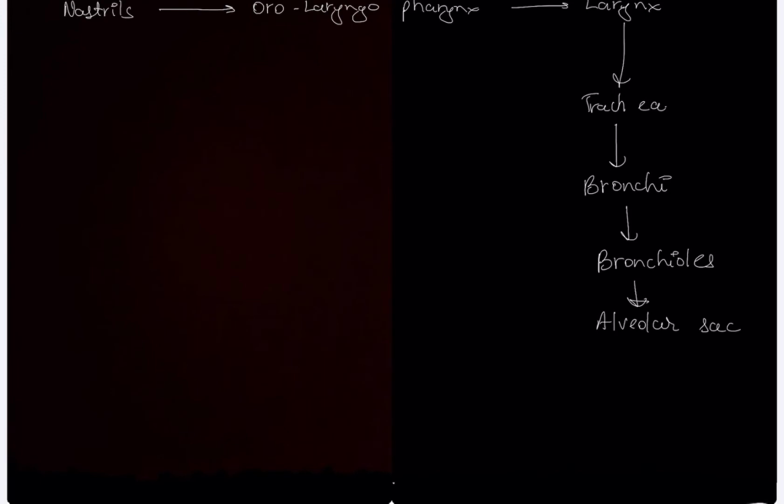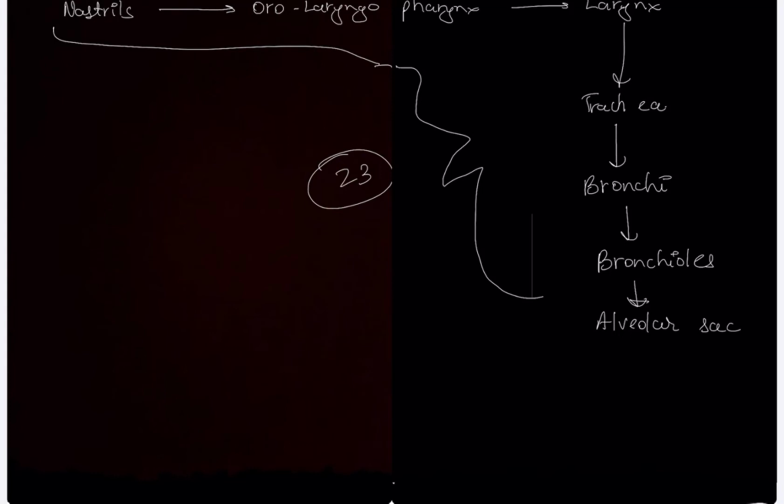Okay, how many divisions are there? From the nostrils to the alveolar sacs there are basically 23 divisions. From the nostril to the terminal bronchiole there are 16 divisions.